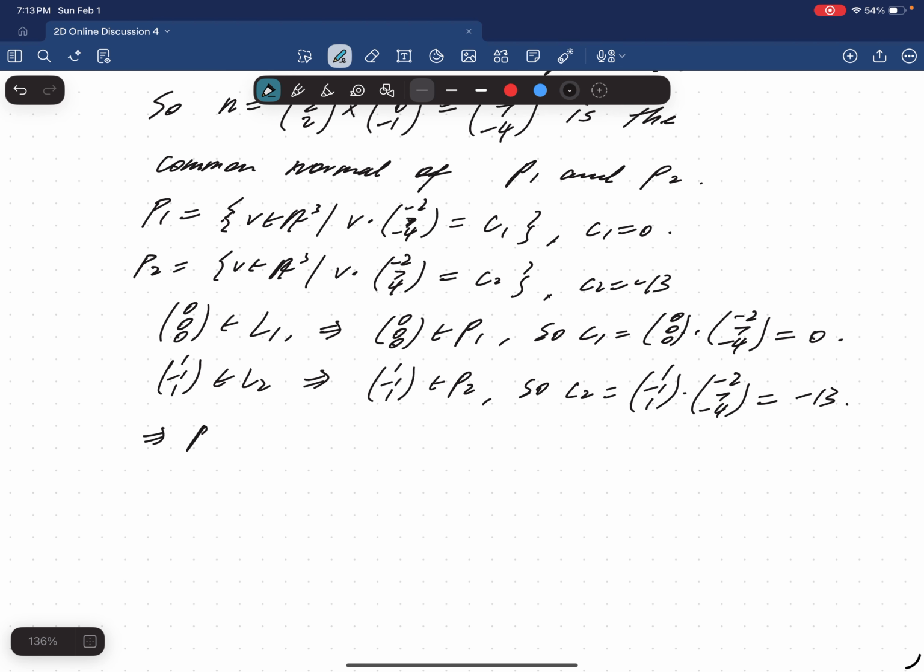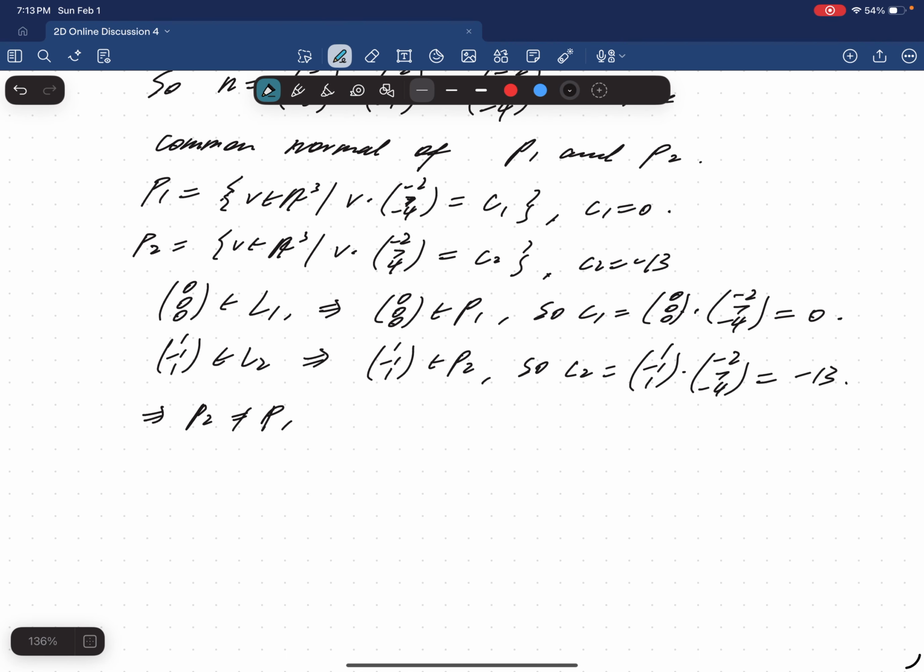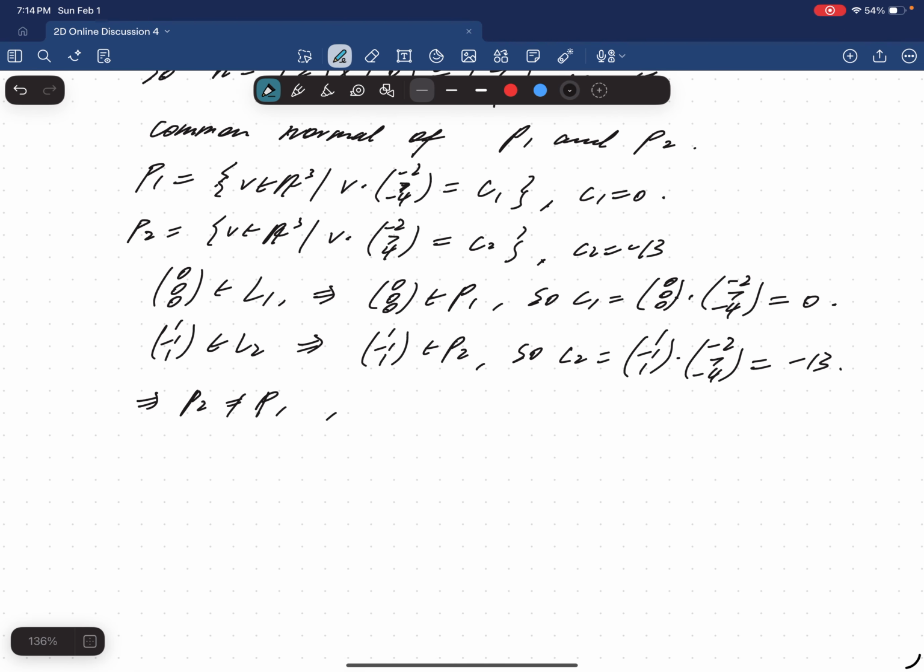And therefore, P2 is not P1. And recall that for parallel planes, if they're not the same plane, then they do not intersect each other, right? So the distance between P1 and P2 is not 0, so the distance between L1 and L2 is non-zero.